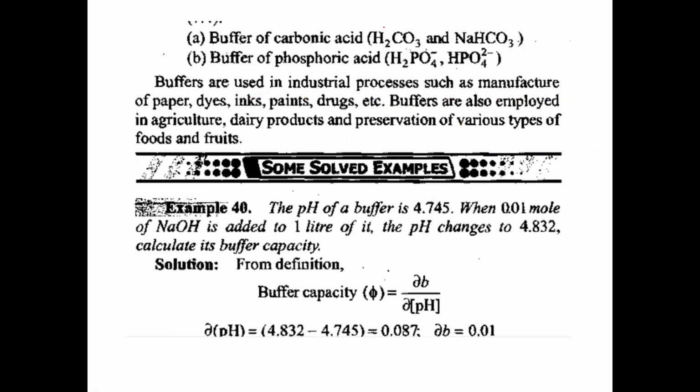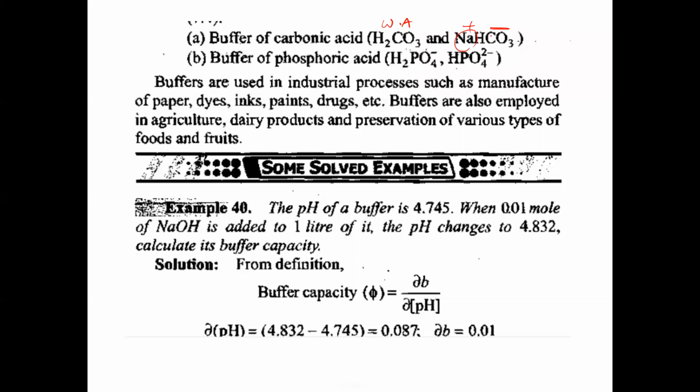This carbonic acid is a weak acid, right? H2CO3 is a weak acid. Then the next one is NaHCO3, Na plus and HCO3 minus. What is it? The salt of a weak acid and a strong base.